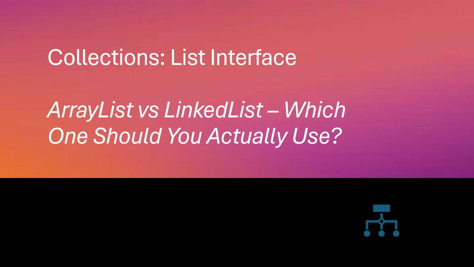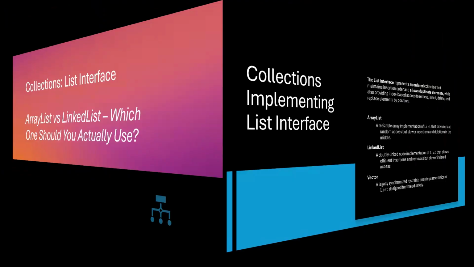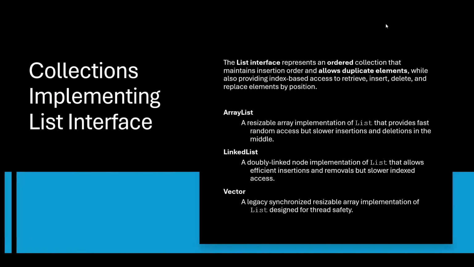But in order to answer this question, we have to know what the list interface does and what it's about. So we're talking about collections that implement the list interface. The thing you have to know is that lists are ordered collections. Ordered means that the order is based on insertion.